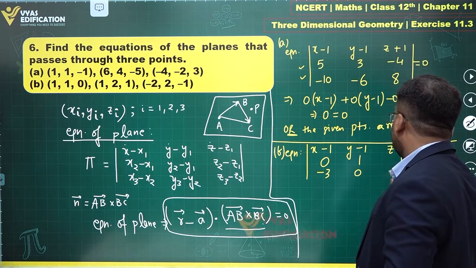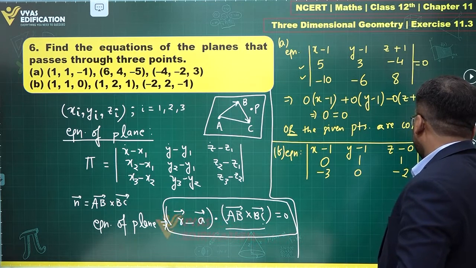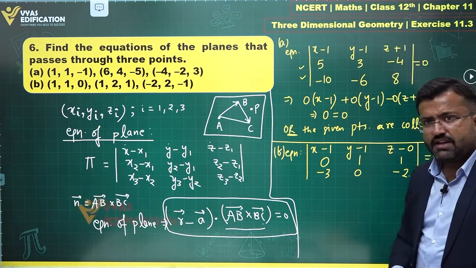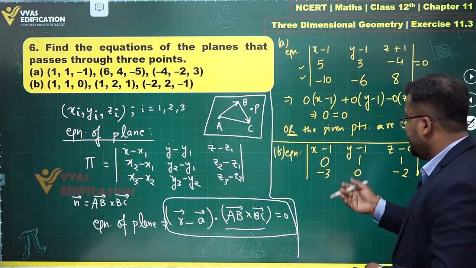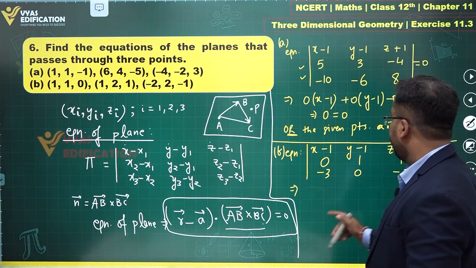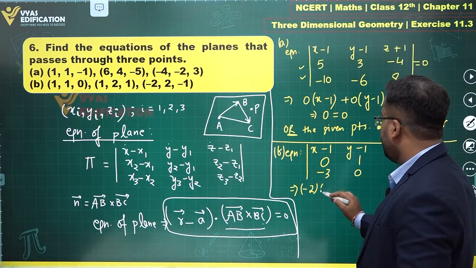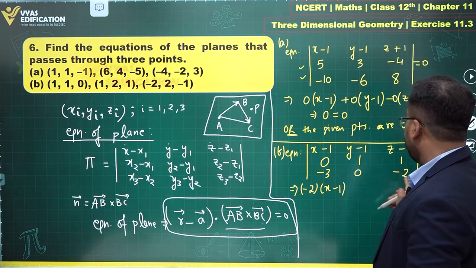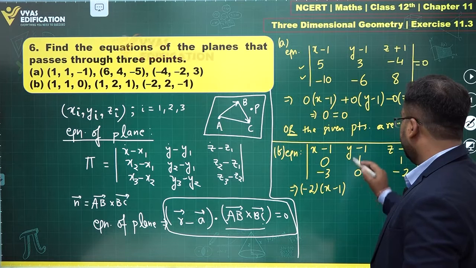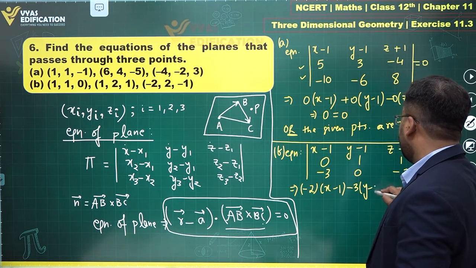And here you can check that since these two are not proportional, the points will not be collinear, and hence we can find the equation of the plane easily. This tells me minus 2, and this is gone, so minus 2 times x minus 1, then you have y minus 1 and you have 3 with a minus, this becomes y minus 1.